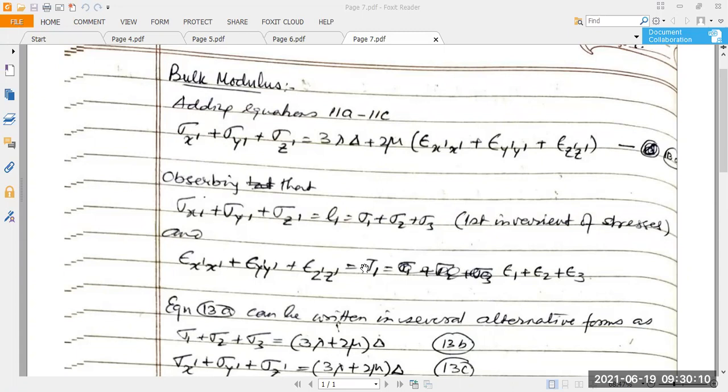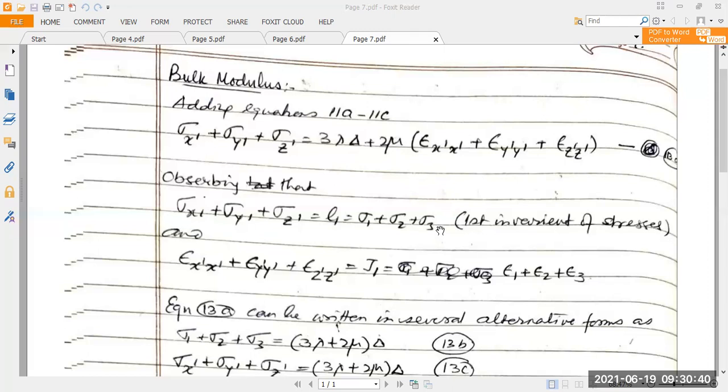And now, if we add them together, we find 3 lambda into delta plus 2 into mu times epsilon x dash x dash plus epsilon y dash y dash plus epsilon z dash z dash. Observing this, sigma x dash plus sigma y dash plus sigma z dash is equal to L1, which is equal to sigma 1 plus sigma 2 plus sigma 3, the first invariant of stresses itself.